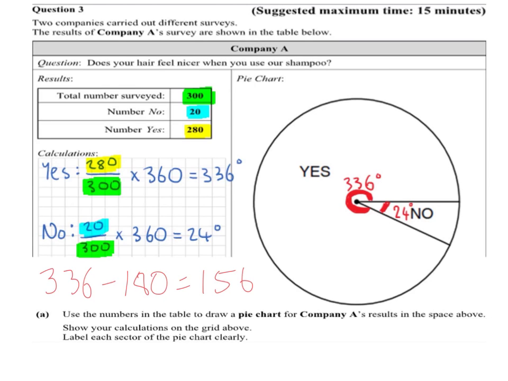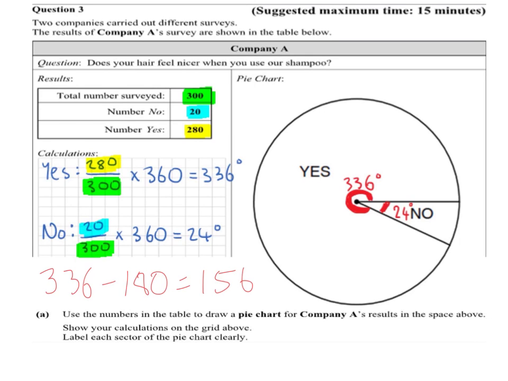So just to summarize, we started off by getting the angle which represents yes. We got the number of people who said yes, which was 280, divided it by the total number of people, which was 300, and then multiplied that by 360 because there are 360 degrees in a full circle or a full pie chart. We got 336 degrees, so we drew in the angle of 336 degrees and labelled it yes.